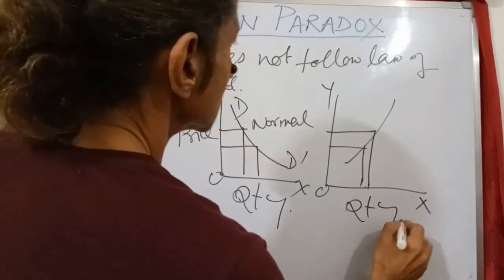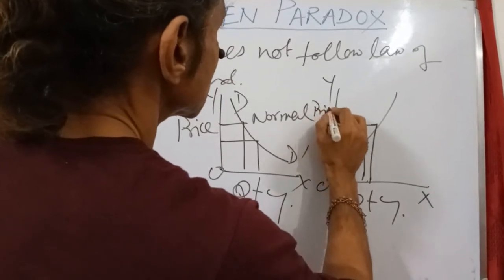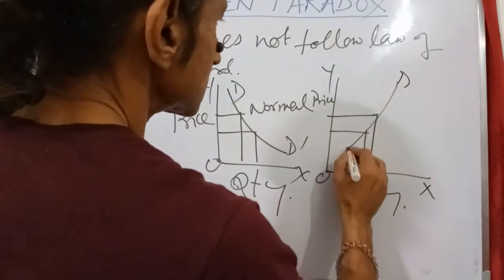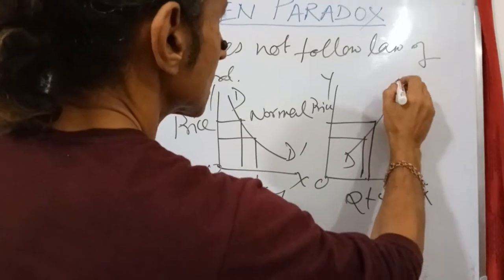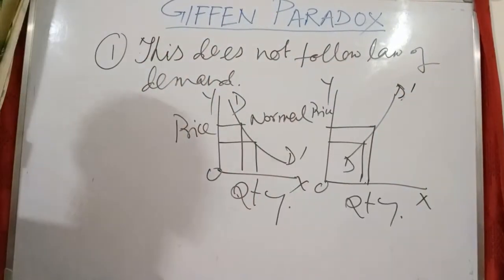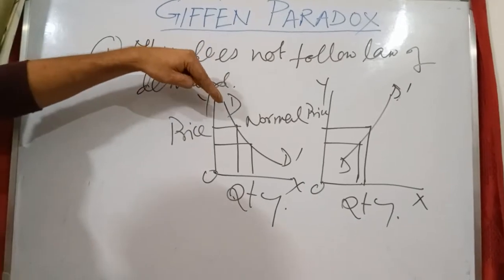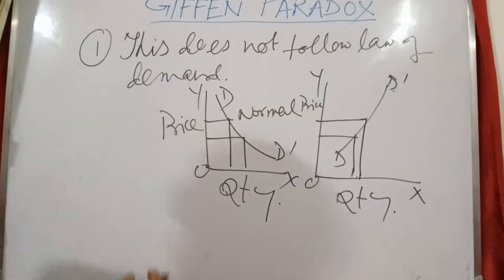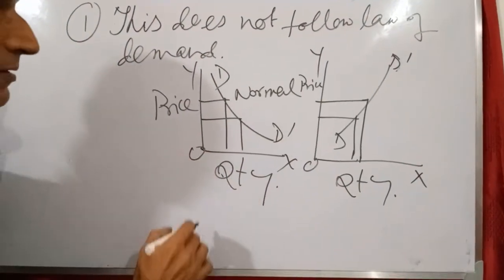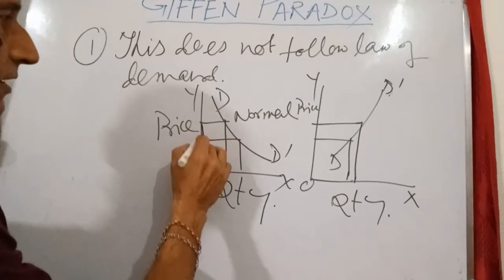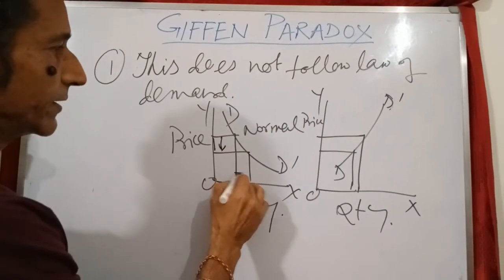Here you see a downward sloping demand curve D dash when the commodity is normal, that means as price is falling, quantity demanded is increasing.